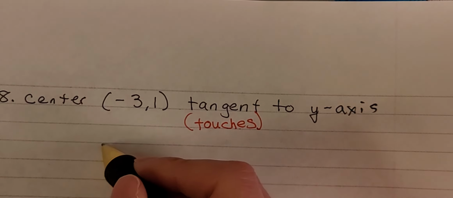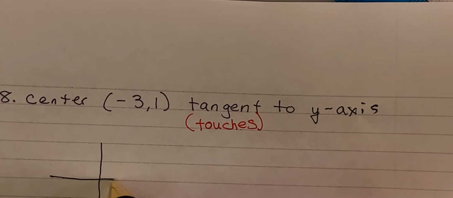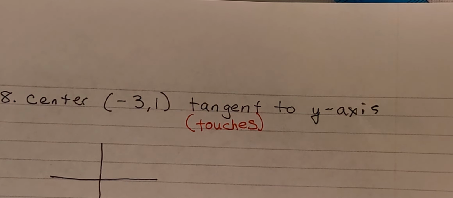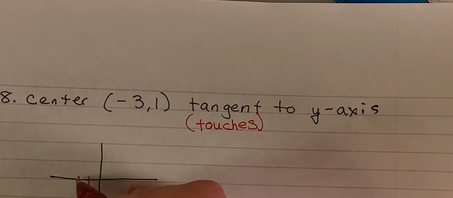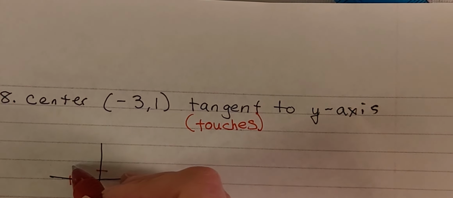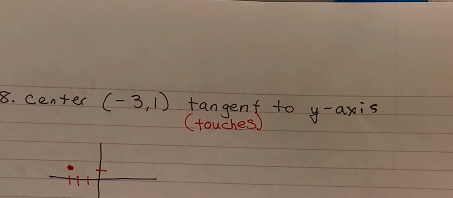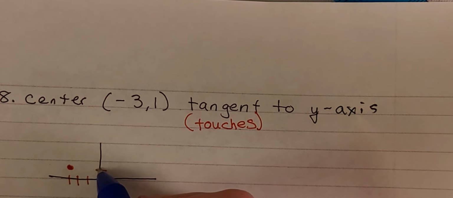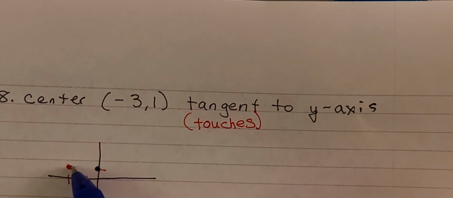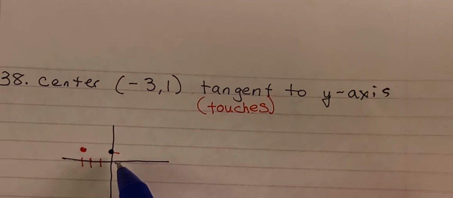All right, so we're going to graph this visually. So I have -3, 1. So there's the center. And then we're going to draw it so it touches the y-axis. So that has to touch right there. So count your spaces. I've got 1, 2, 3 spaces.